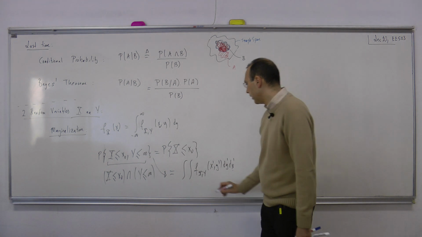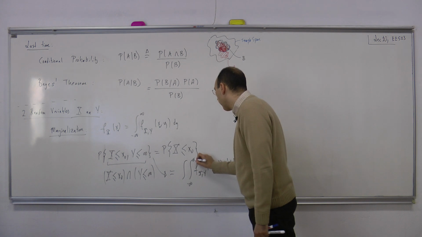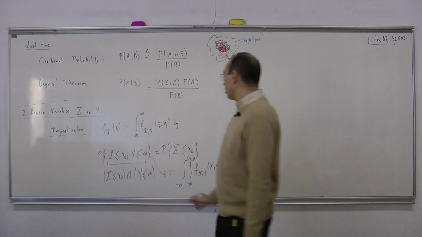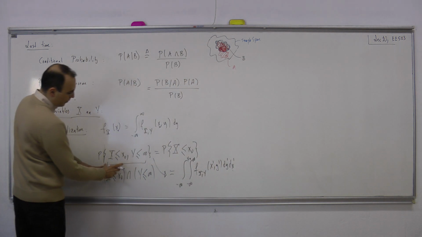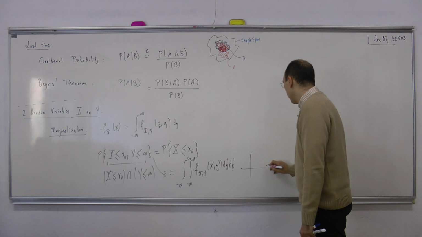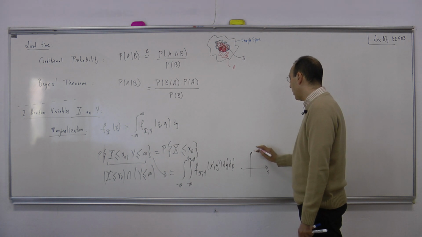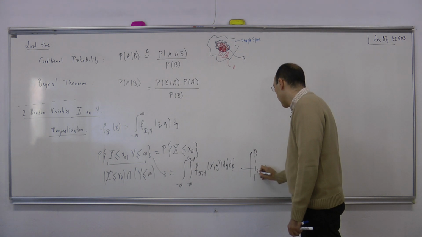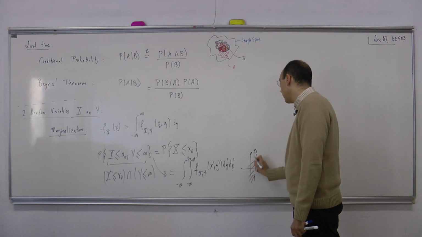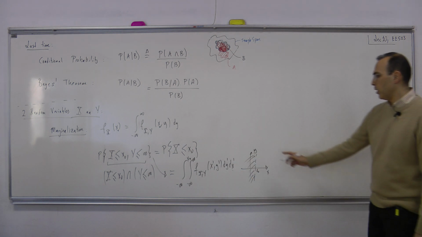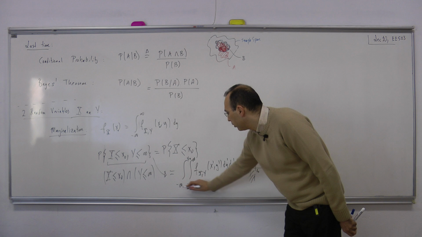I have something like that. So I'm trying to cover this area in the integration limit. So what do I mean by that? So I have x, I have y over here. So x is less than x naught, and y, I can take any value, as you see. So I'm trying to cover this area over here.